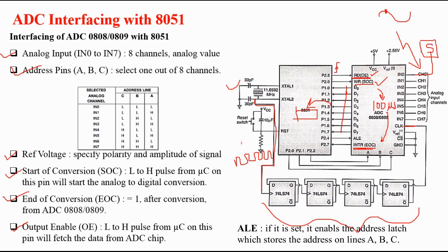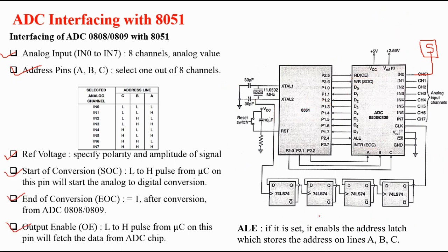Let us suppose the clock frequency over here is 12 megahertz. Then it will get divided and a very low frequency will be given to the ADC by using the clock pin. So this will be the interfacing diagram for ADC 0808 with 8051.